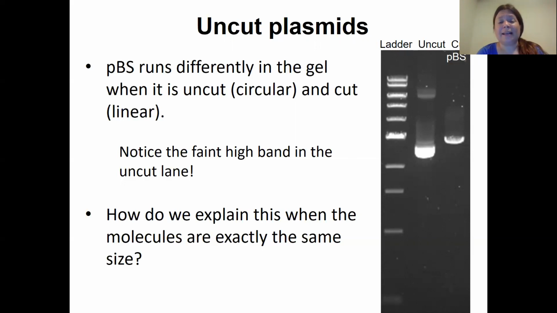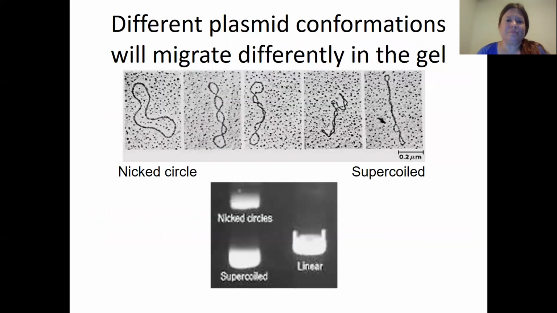The reason for that is that even circular DNA can have more than one shape. Normally, plasmids in E. coli are kept supercoiled, which is what we're seeing over here on the right. They essentially take this circular piece of DNA and twist it up as tightly as they can, largely for reasons of space.